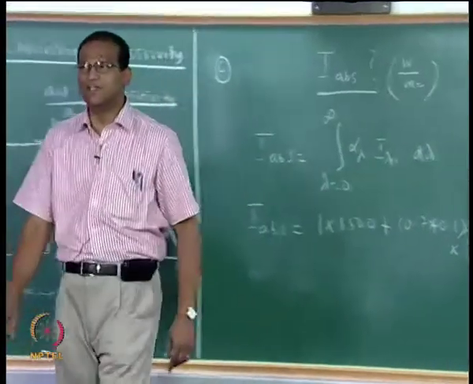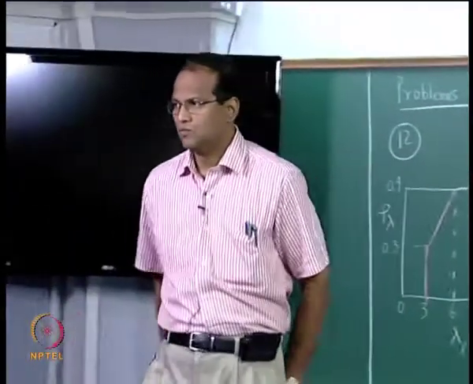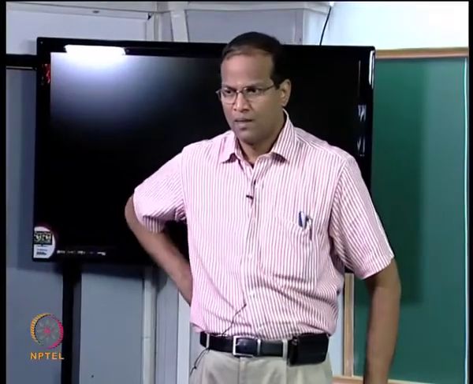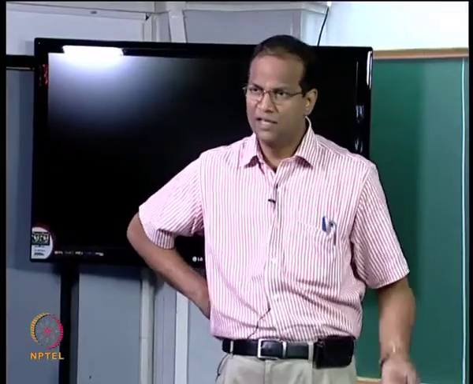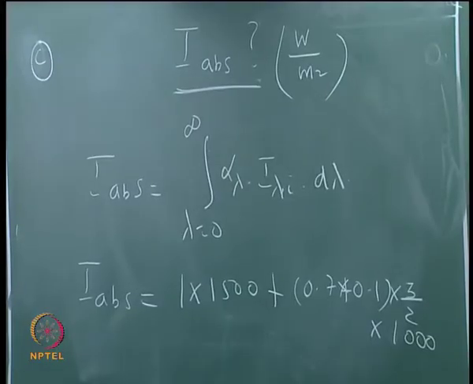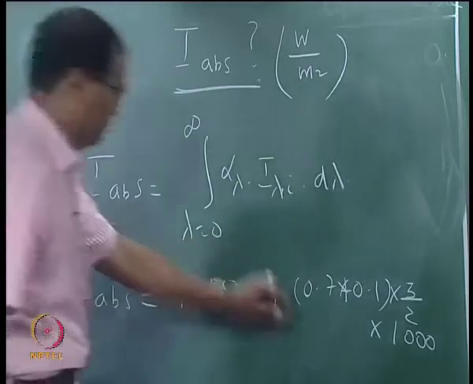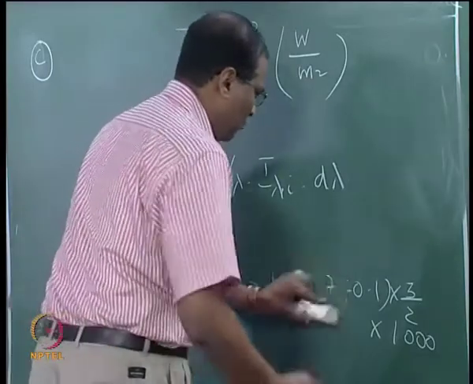That is the area of the trapezium. Yeah, then what happened? You didn't get? Yeah, it's okay, no? 0.7 plus 0.1, not into, sorry. All of you got this?